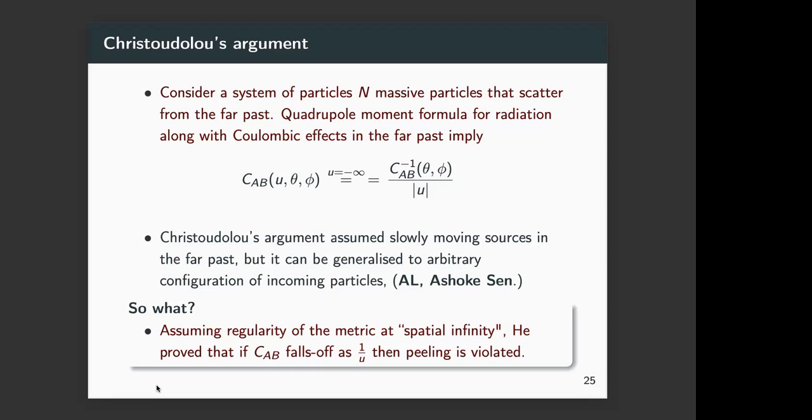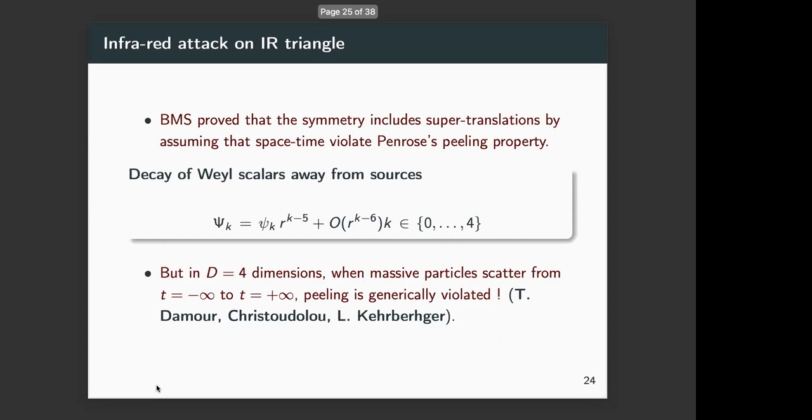Now you can ask, what is the big problem about this, because it's simply a consequence of the equations of motion. But it turns out that Christodoulou's main argument was the following: if you now assume that the metric at large spatial distance from the source has no problem, it's completely nice, then the fact that this shear falls off as 1 by u asymptotically in u means that the peeling equation we wrote down, which is this one, is generically violated.